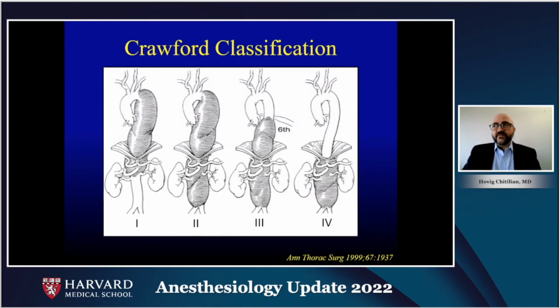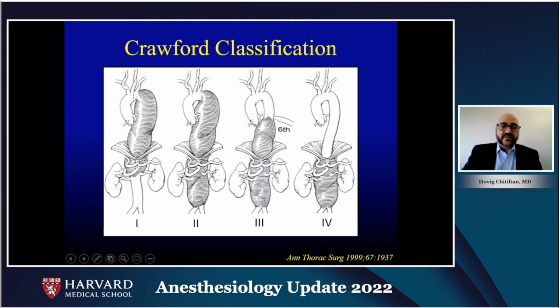Typically, they're classified based on the extent and location of aneurysmal dilation using the Crawford classification, which is illustrated in this slide. So the traditional Crawford classification has 4 types of thoracoabdominal aortic aneurysm.